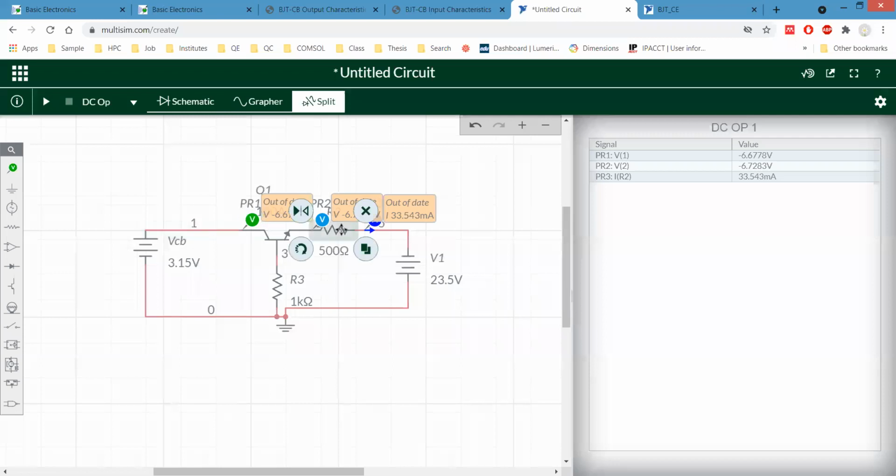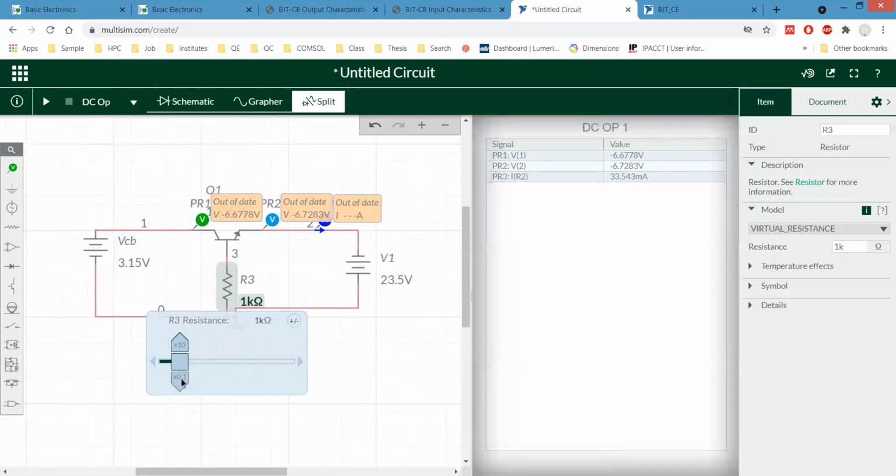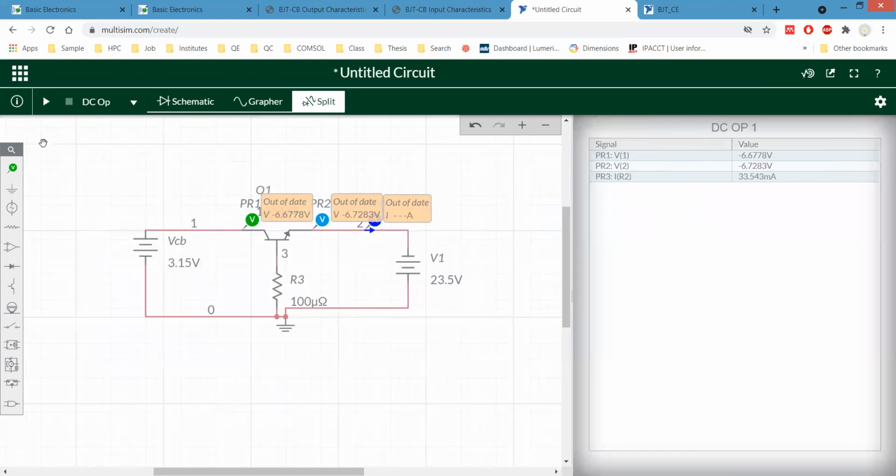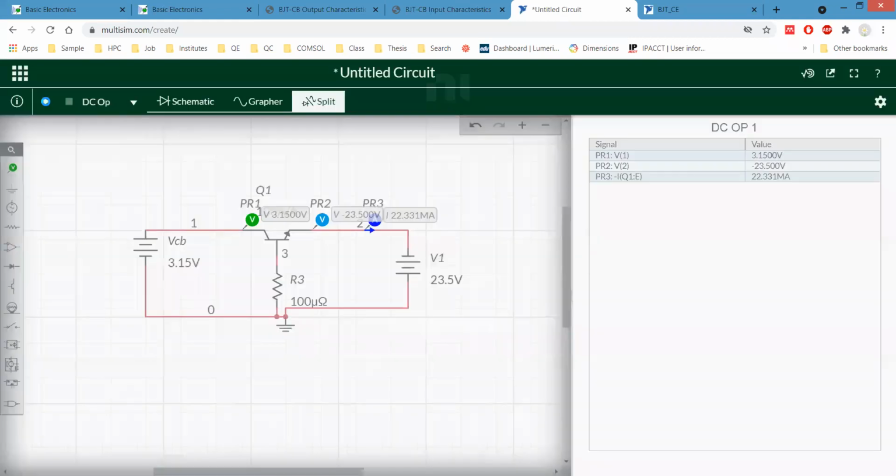This is the simplest thing we can do. Now it is good.